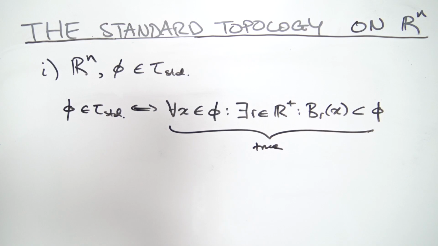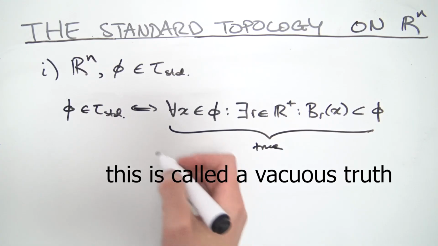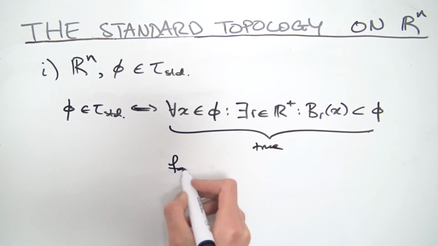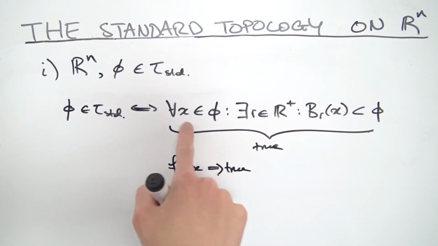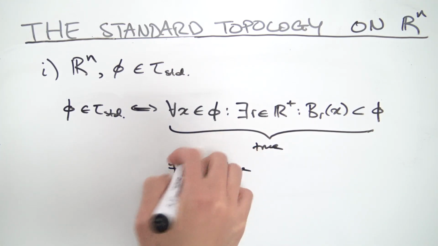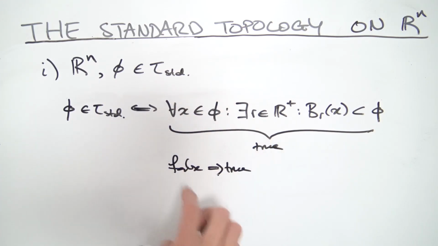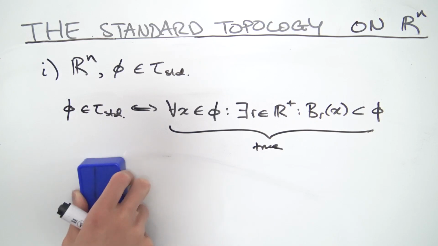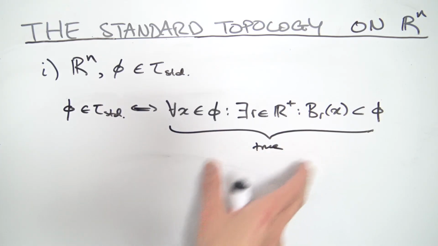If that's not convincing enough yet, you can look up some propositional logic. It's kind of like from something false, you can prove anything: false implies true. That's what's happening here, because the statement x is in the empty set is false, so from something false, everything is true. But the empty set is going to be in the standard topology because it satisfies our condition.